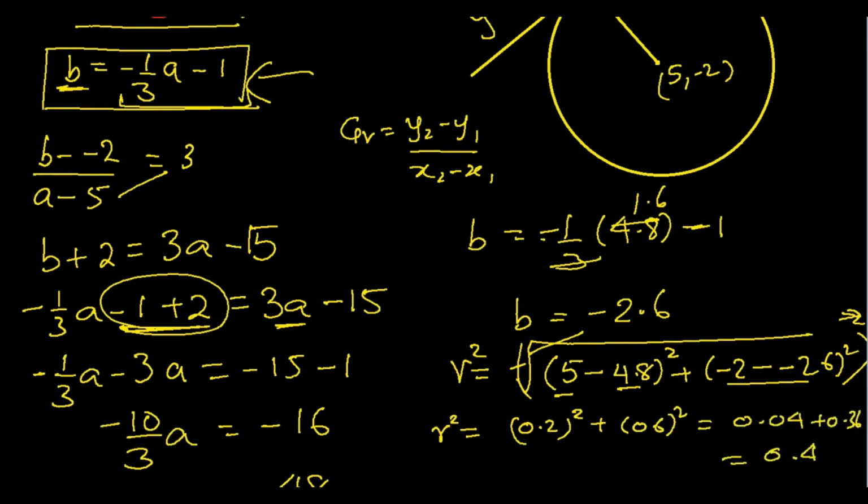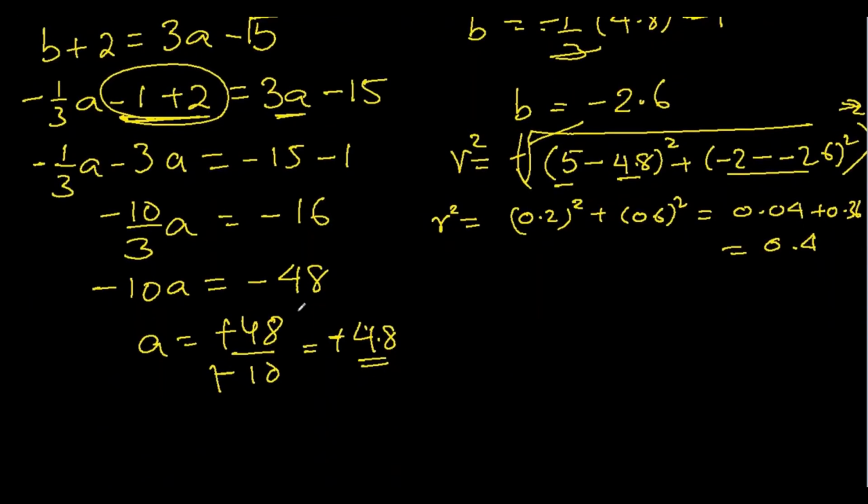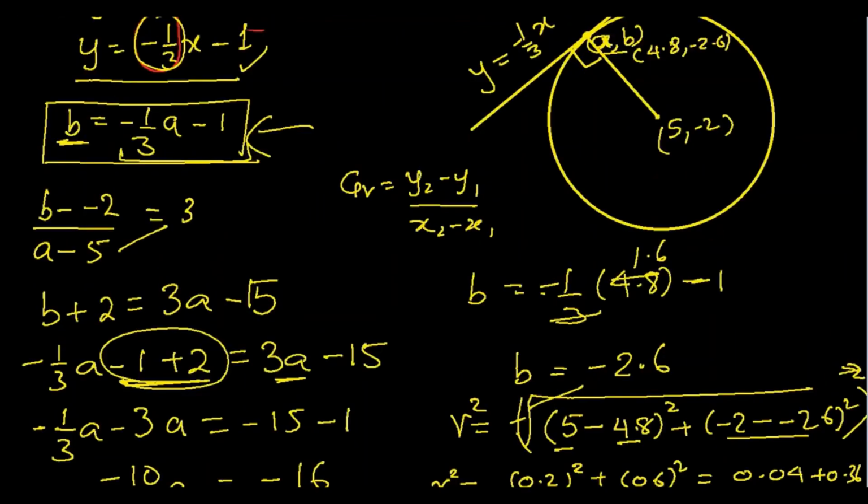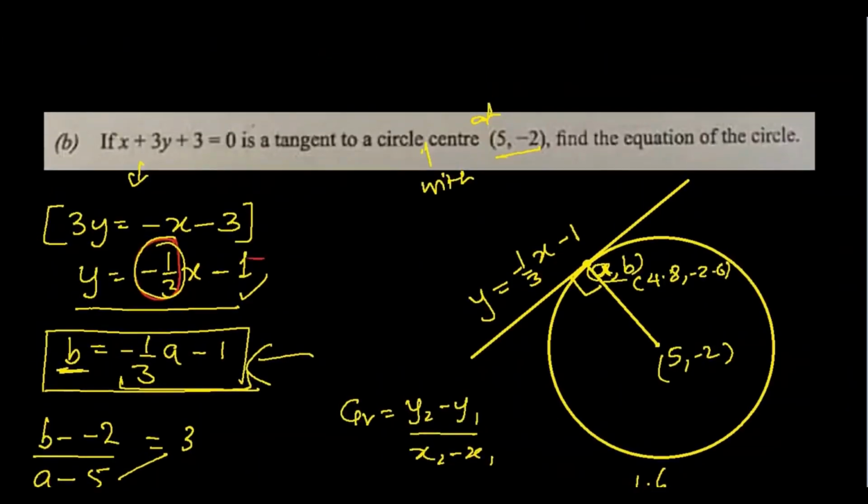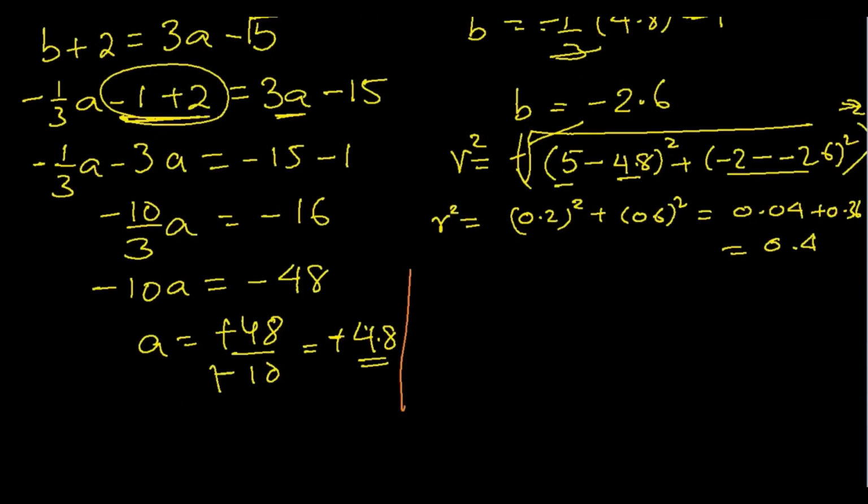This is r square. Finally, we have f, g, r square, everything. Do we know the regular equation of a circle? Because finally we have to write the equation of the circle. That's the question about. Find the equation of the circle.